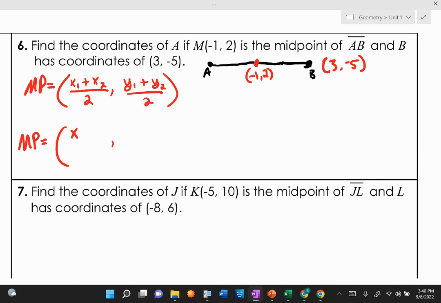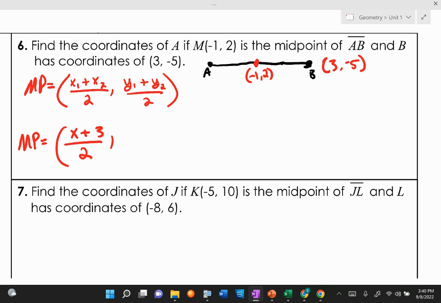All those do is they're like labels. They're saying this is this x, this is this x. Once you replace one of those x's, and so now we only have one x, you don't necessarily need the subscript anymore. So we've got x plus, what was our x2? 3. Divided by 2.